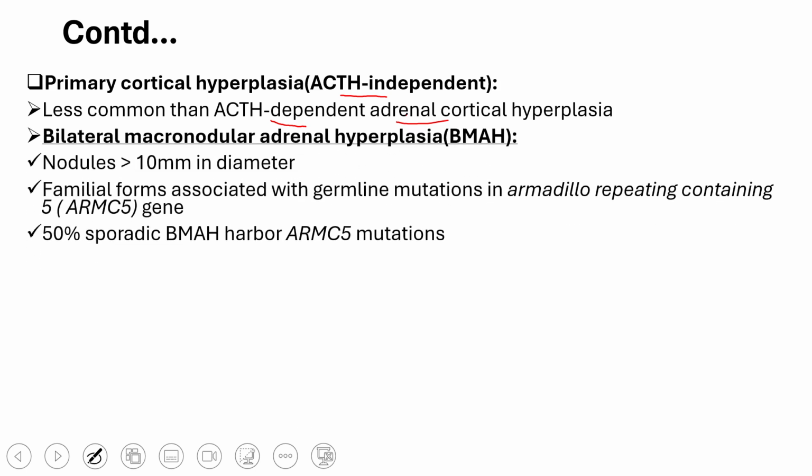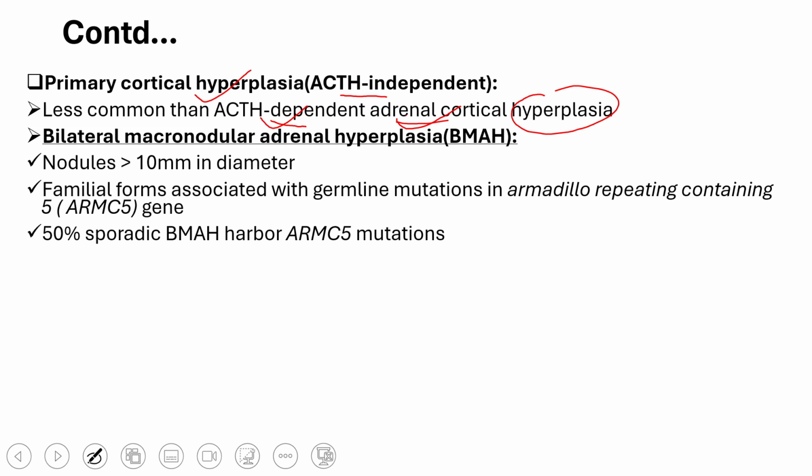That means hyperplasia that results from other causes, that is ACTH dependent, like a pituitary adenoma secreting a lot of ACTH resulting in hyperplasia of the adrenal gland, and that is more common than cortical hyperplasia due to ACTH independent reasons.